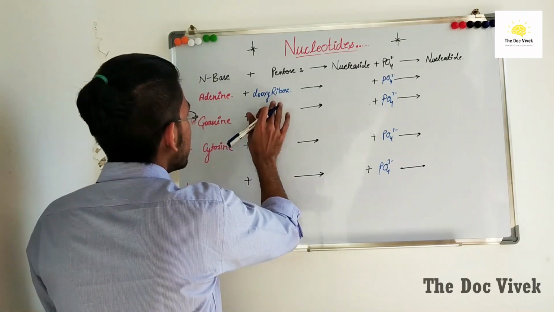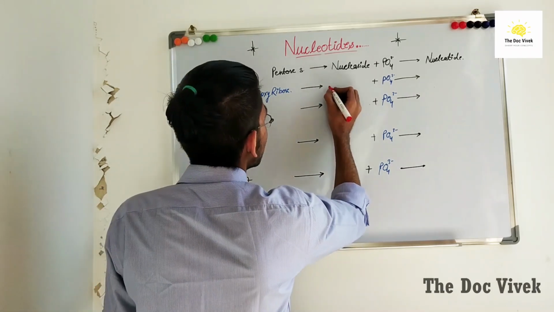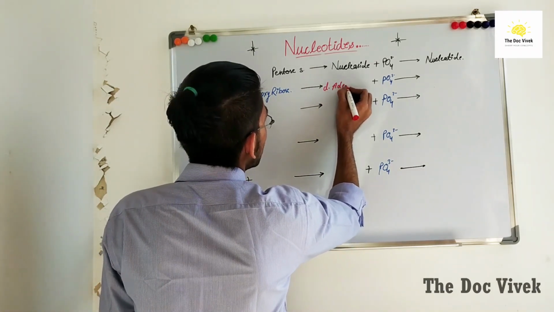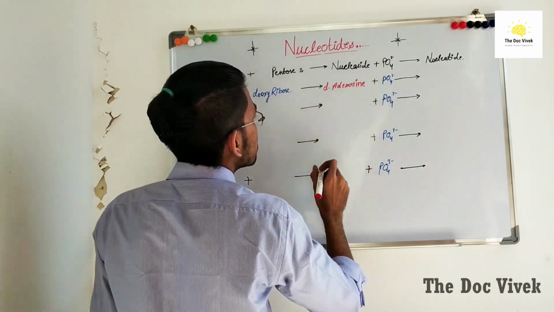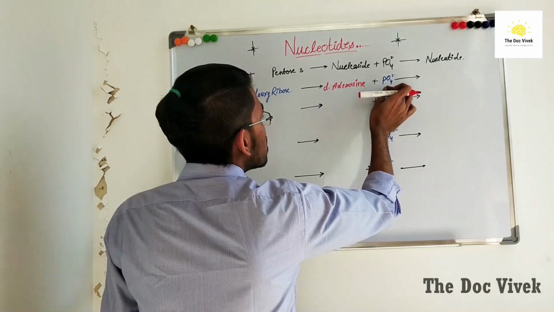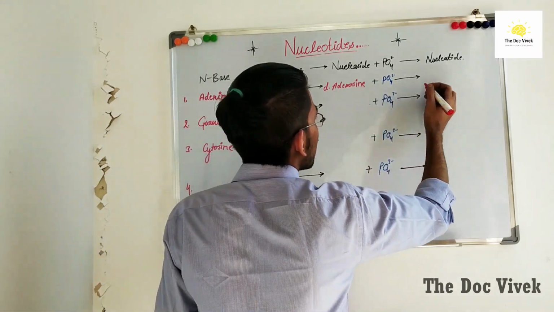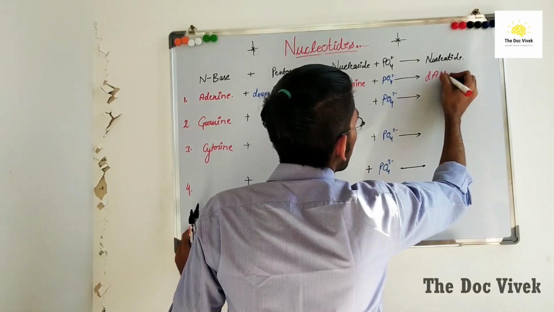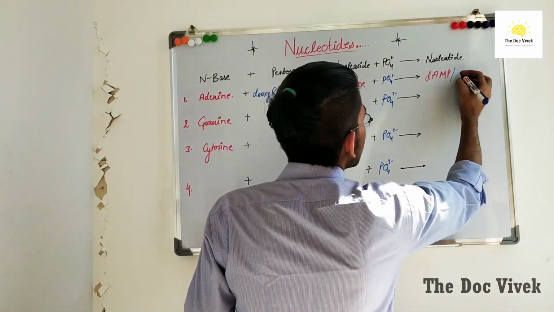Okay, if we added deoxyribose on adenine, then the nucleoside formed is deoxyadenosine. And if the phosphorylation takes place for deoxyadenosine, then the nucleotide formed is deoxyadenosine monophosphate, and this is also known as deoxyadenylic acid.